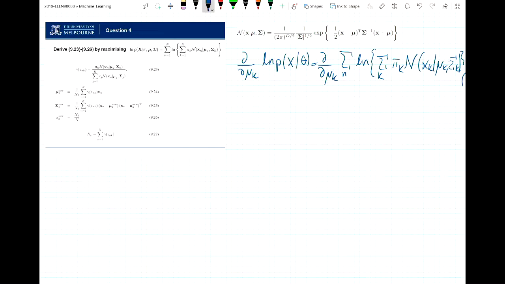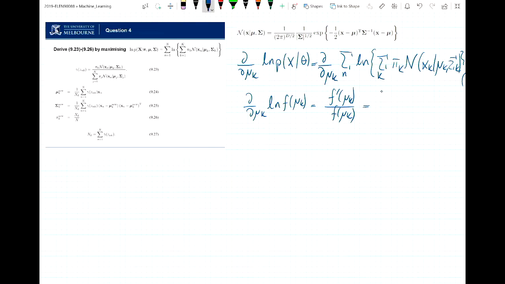So close the parenthesis. If I take the derivative of the logarithm, del mu k ln f of mu k would be f prime of mu k divided by f of mu k. So inside the log, first you take the top part's derivative and then divide by the function itself.